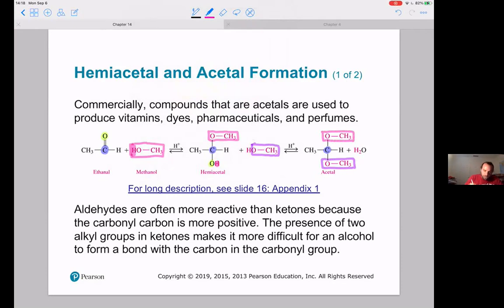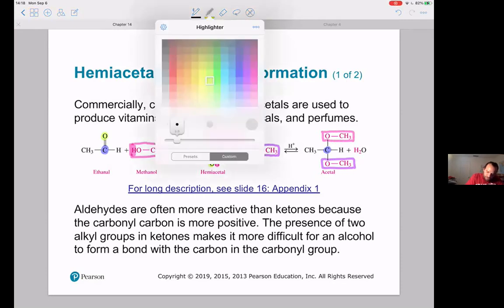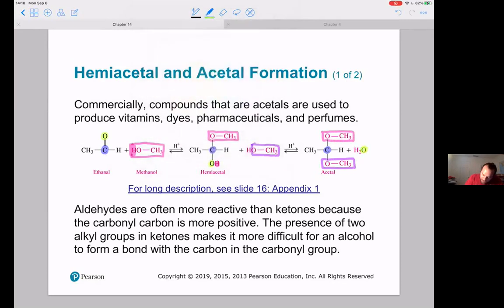And then this kicks off what was my aldehyde oxygen there. Okay, so you're creating new bonds between an alcohol's oxygen and a carbonyl carbon. If there's one round of addition, we call that a hemiacetal that's formed. If there's two rounds of addition, we call that an acetal that's formed.